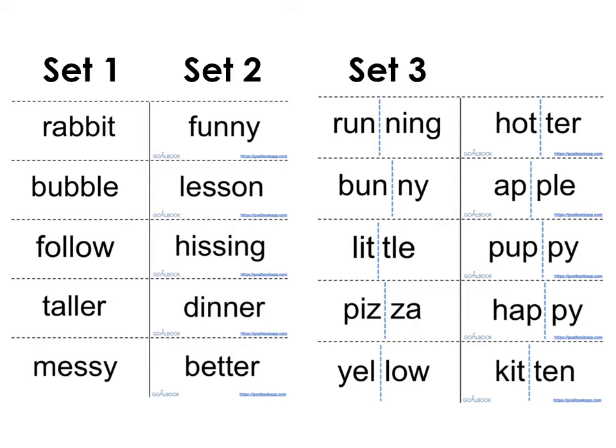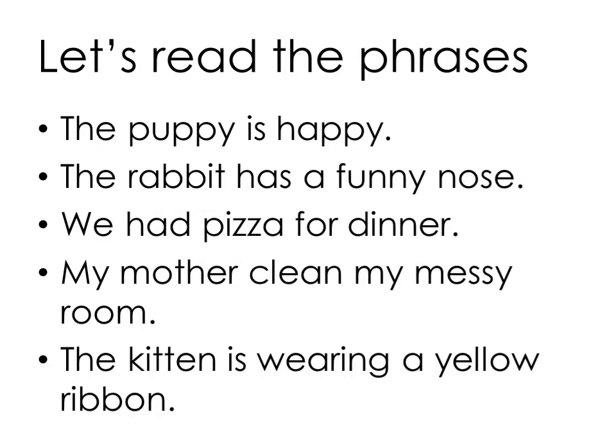Very good. Now let's have the third set. Running, bunny, little, pizza, yellow. Great. Now let's have the fourth set. Hotter, apple, puppy, happy, kitten. Great! So now let's read the phrases.